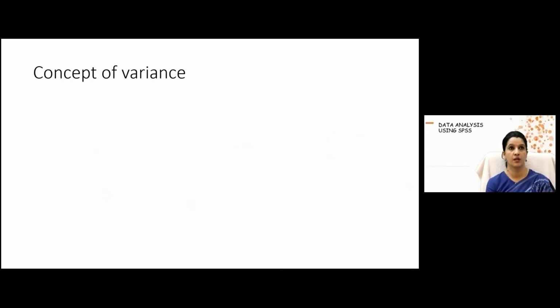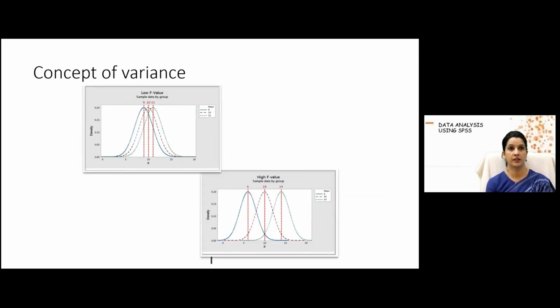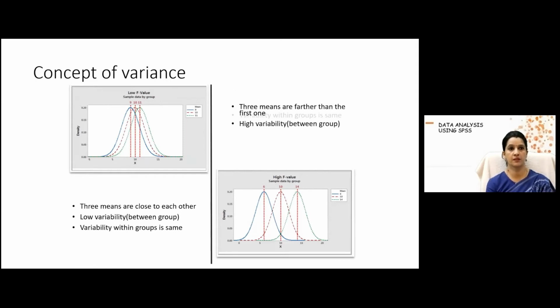So now coming to another concept, variance, which is explained here. You can see there are three bell-shaped graphs: a dotted red, a dotted blue, and a dotted green. If you see these three, there is a low F value. Why? Because the between-subject variance is low.